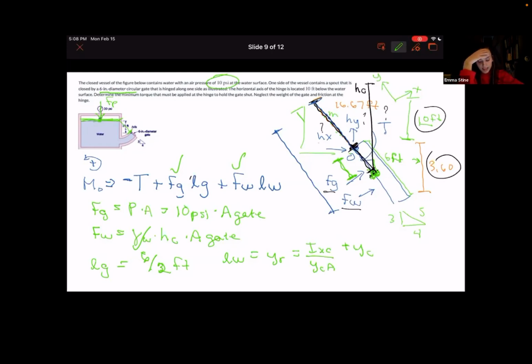And you've got to pretend that you're from the perspective of water. So you're looking at the gate, you just see a circle. So this guy is going to be in your notes on that page with all the moments of inertia, and you're going to look at the one for the water. For the circle. Just losing my mind.